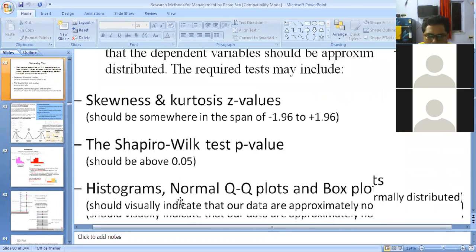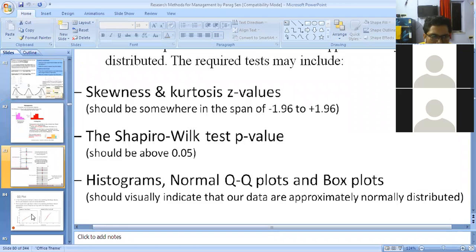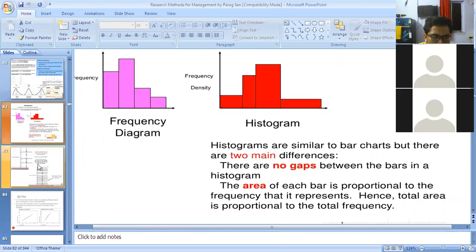Now there are some other terminologies like histogram, normal QQ plots, and box plot. Let's first talk about the histogram.